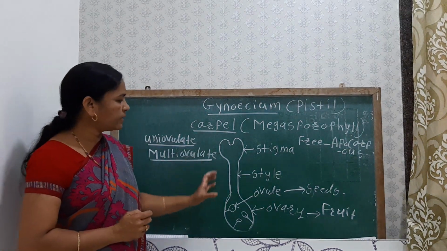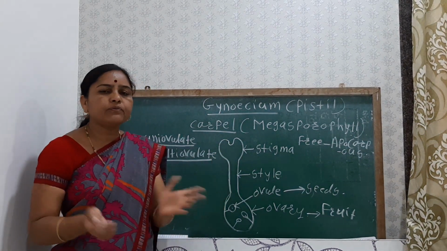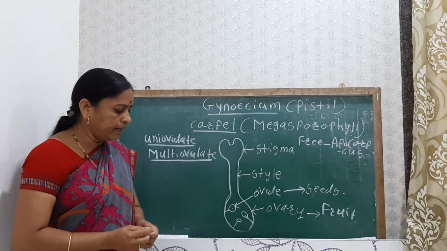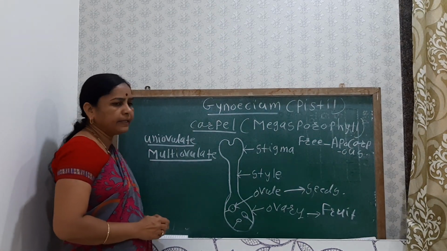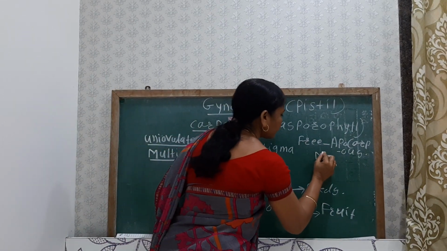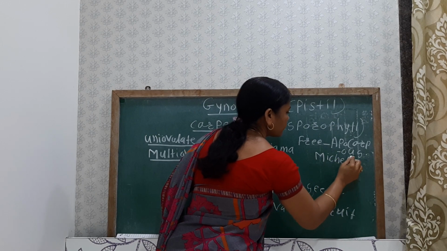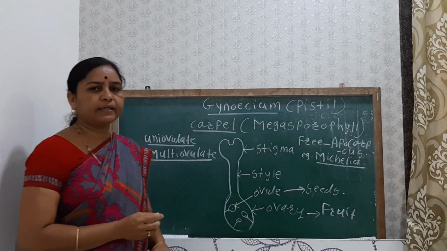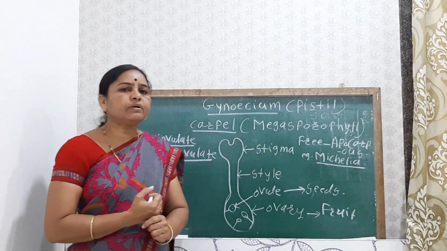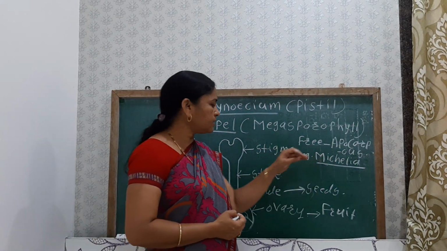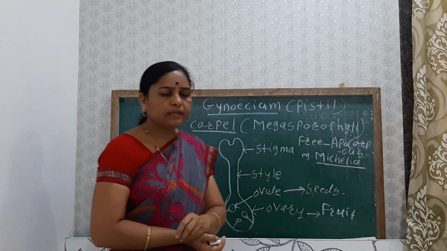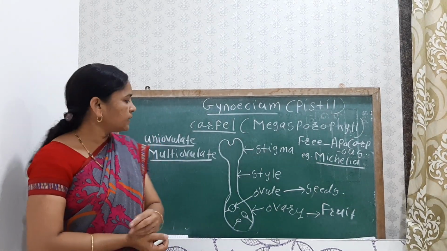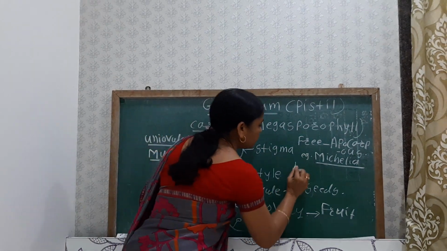In some flowers these carpels are free from each other, and the example is Michelia, which is champa. In champa we generally see this condition, that the carpels are free. This is the apocarpous condition. While in some flowers the carpels are united or fused.